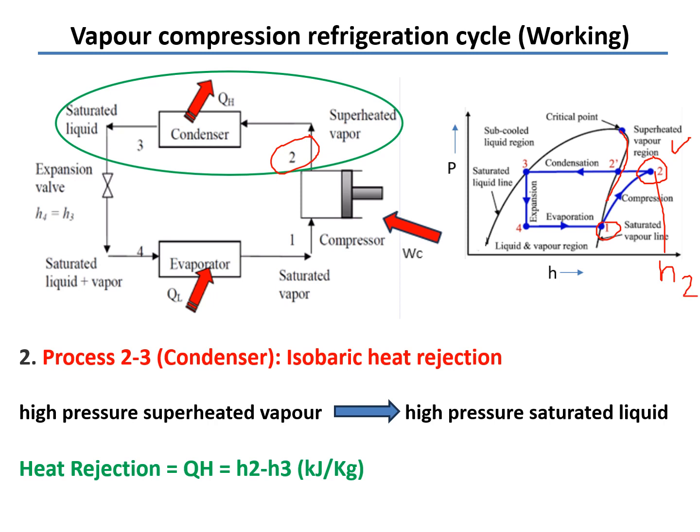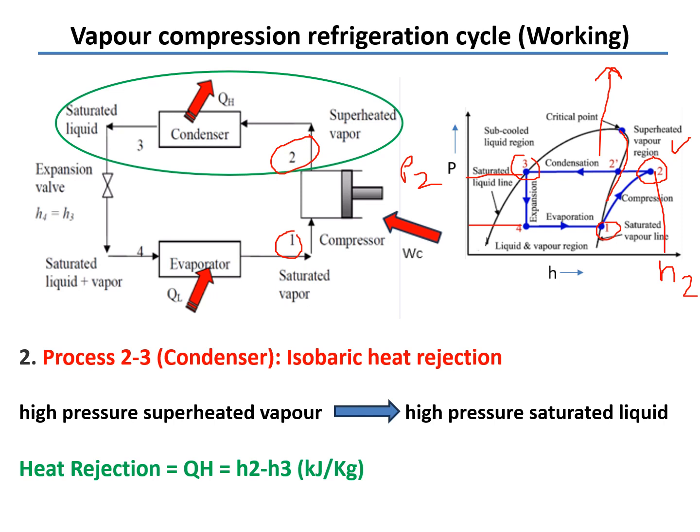Now the heat rejection means, during condensation, the refrigerant will convert from vapor to liquid. So here it is superheated vapor, and at 3, this is the saturated liquid line. With the help of the compressor, you increase the pressure from P1 to P2. Here the low pressure is P1, the evaporator pressure, and this high pressure is P2, the discharge pressure, or you can say the condenser pressure.